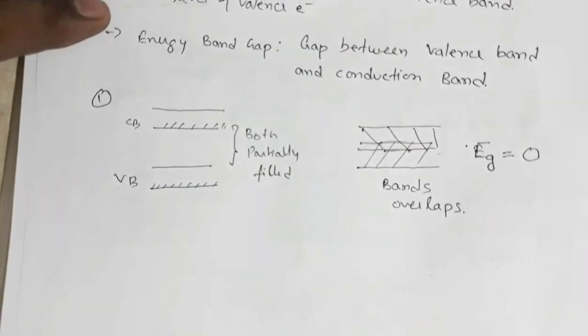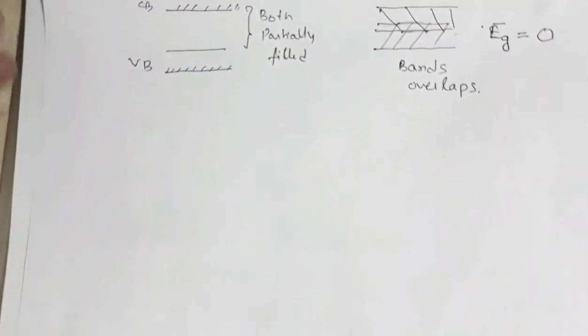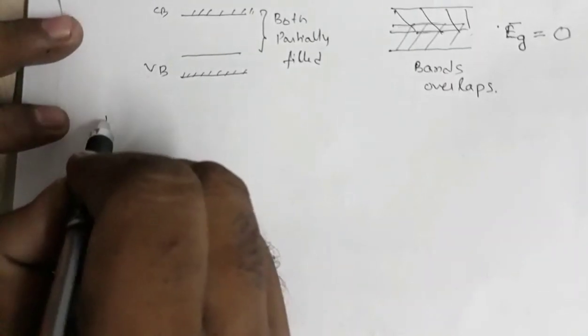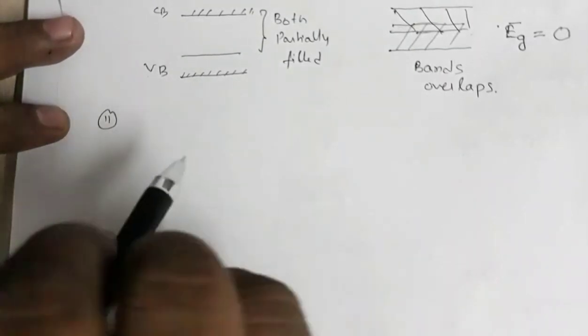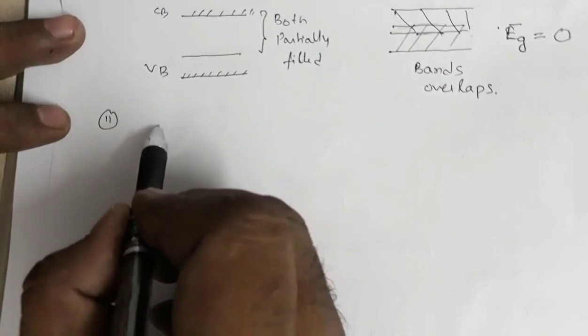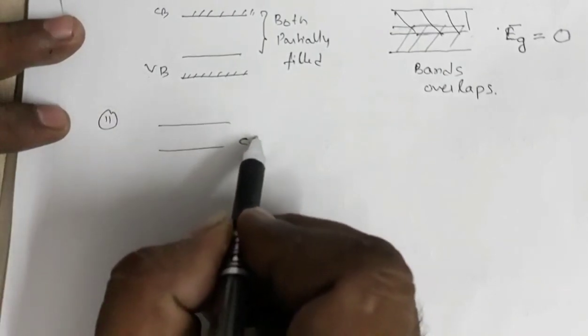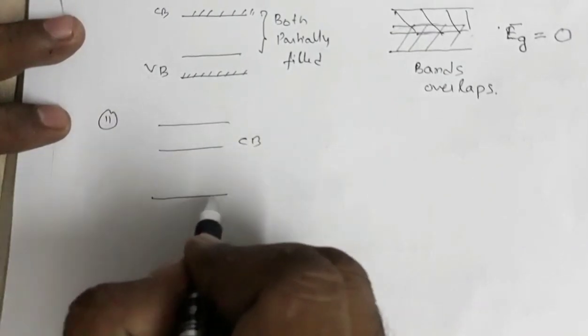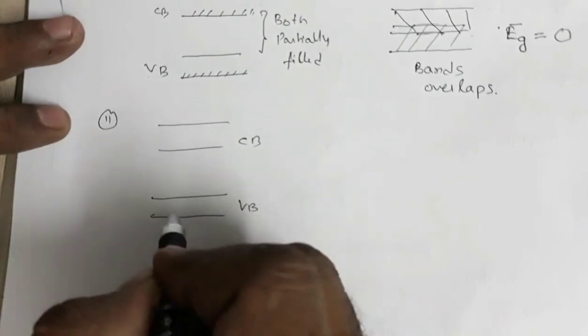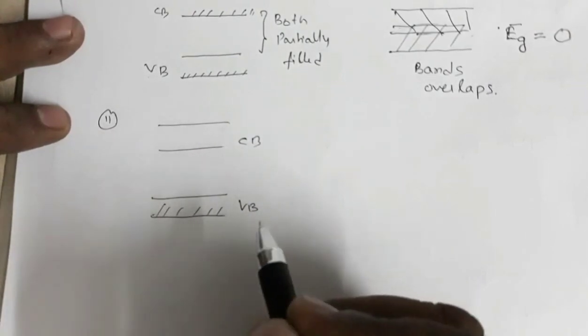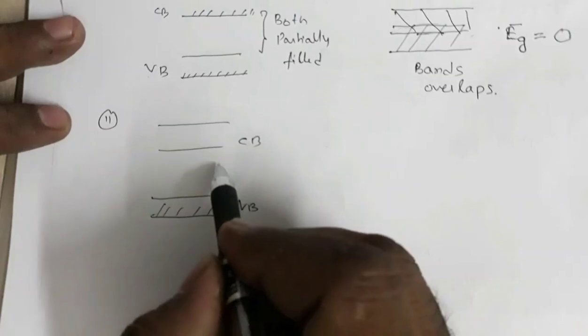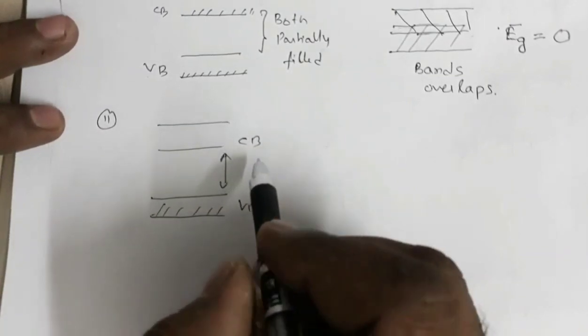Now the second case, when you have the conduction band and the valence band. In the valence band you have electrons, but this gap is very large.